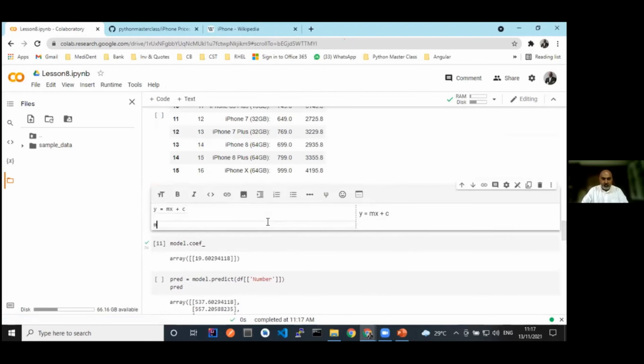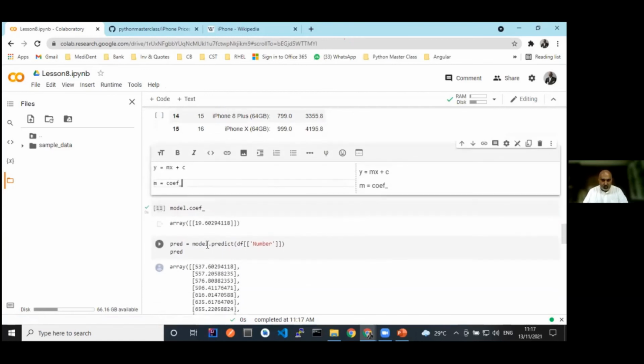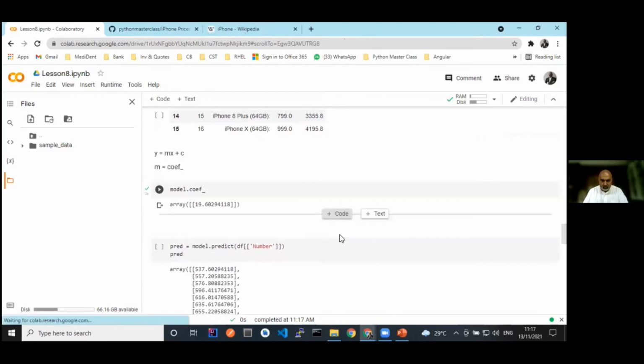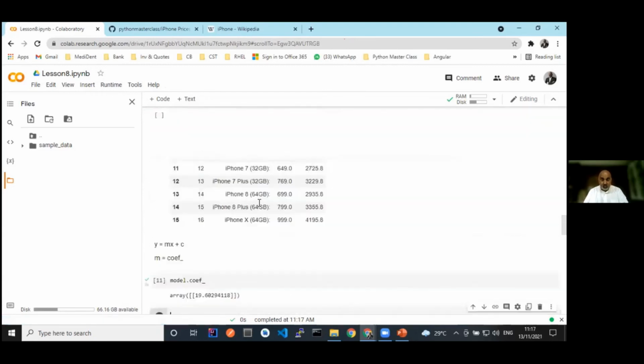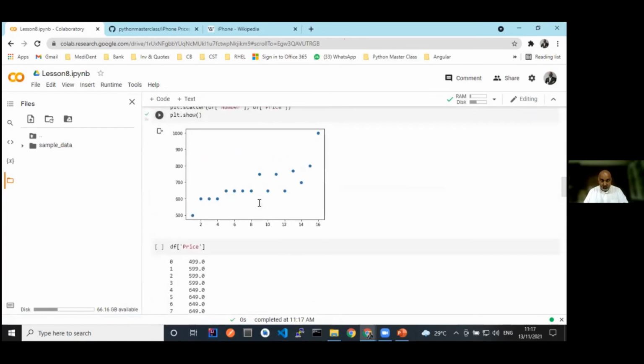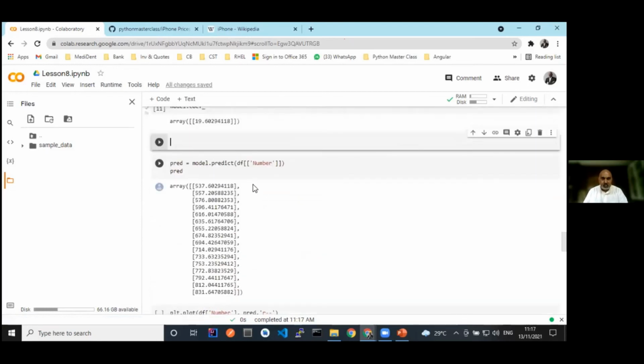So m is the coefficient. These are things that we can print out. If you wanted to draw this line, this is the coefficient, this is the gradient, 19 something.